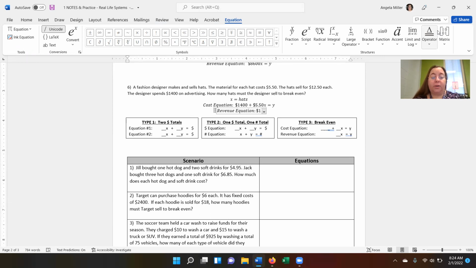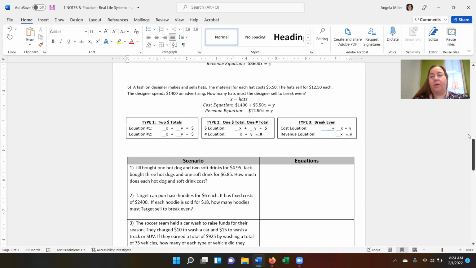So $12.50 is what we're selling each of the hats for. So the revenue is going to be the amount that we're selling the hats for times the number of hats that we're selling equals Y. All right, so there again, this puts this in substitution method, and we will set the cost equation equal to the revenue equation by substituting this 12.50x in for Y.